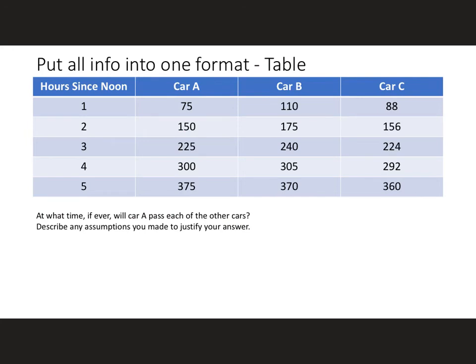Here we go. So, here it is all filled in for you. So, at what time, if ever, will car A pass the other cars? So, let's look at comparing these times. At 1 hour, it hasn't passed anything. Even at 2 hours, we have not passed anything.